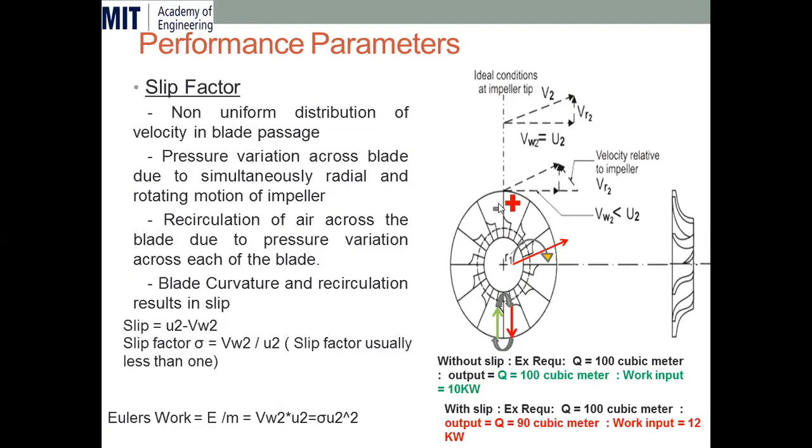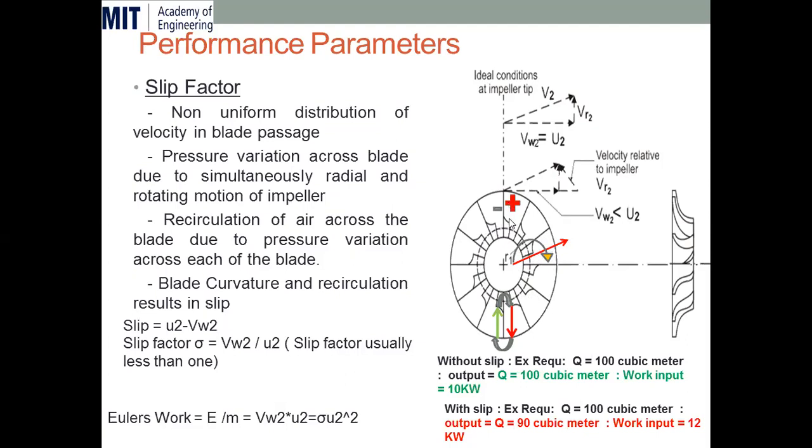So in a centrifugal compressor, when the air is moving through the passage of the blade, a small pressure variation zone is created across the blade, because the air is moving in a radial direction and the impeller is moving in a circular direction with a constant angular velocity.